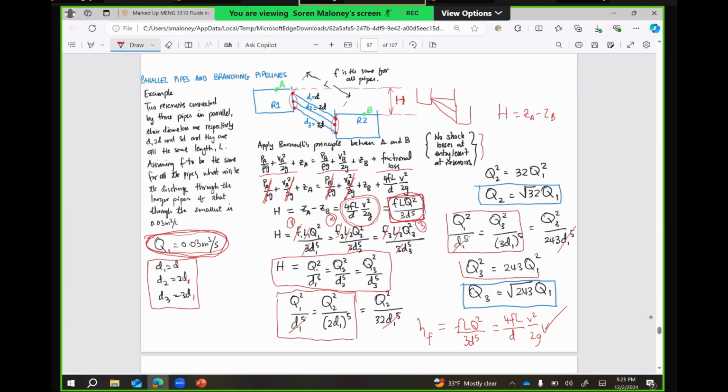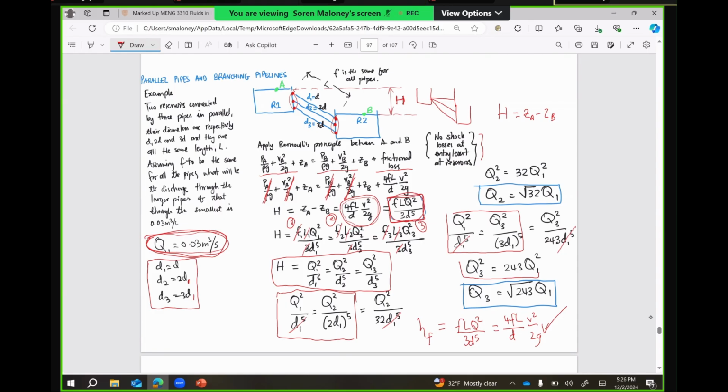Okay, so let's read the question. It says two reservoirs are connected by 3 pipes in parallel. And I want to clarify, parallel doesn't mean that they are actually parallel. It simply means that they're running between the same 2 reservoirs. And you've been given the diameters D1, D2, D3.